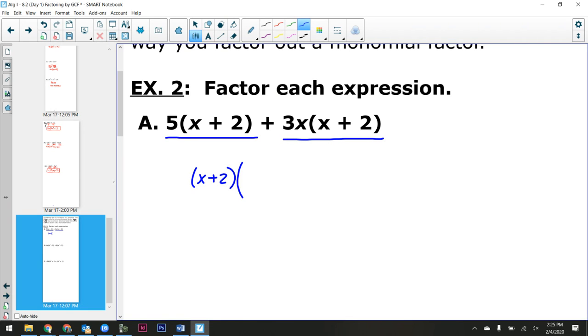And then on the inside of the parentheses, we write what's left over after we remove it. What's left over after we remove x plus 2 from my first term? Just a 5. What's left over after we remove x plus 2 from the second part? Just a 3x. Okay? Don't worry too much about these ones, guys. Again, they're there to prepare you for what we're going to be doing tomorrow.